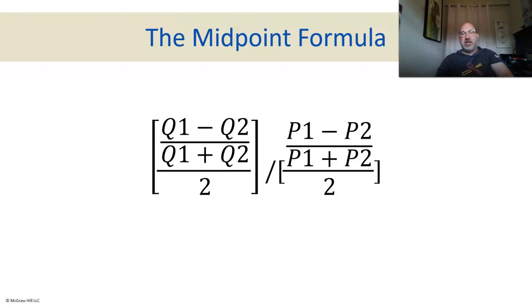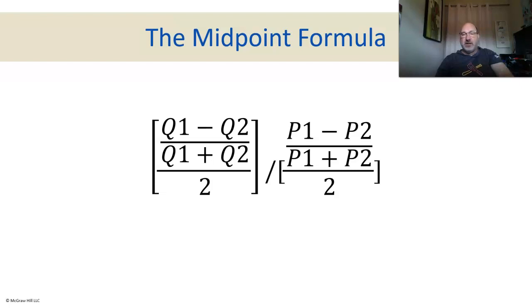I know that looks like a lot, but really that Q1 plus Q2 divided by 2 and the P1 plus P2 divided by 2 are just averages of Q and P. And the key thing is, whatever your 1 or 2 are, make sure that your Q's and P's associated to those stay constant. That's the big news in all of that. It's really a rather simple formula. It looks long, but it's really not as bad as it sounds.